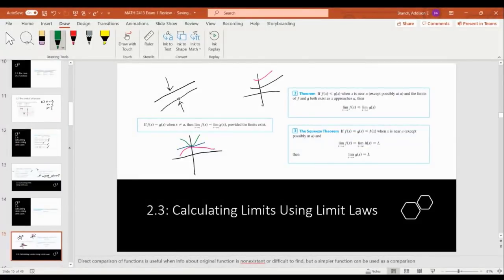If we for sure know the limits of h and f, and we know that those are equal, then logically g has to be the same as all of those.